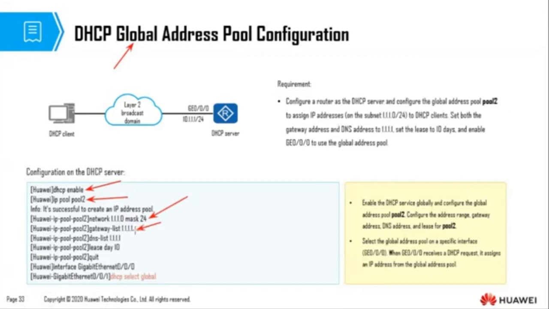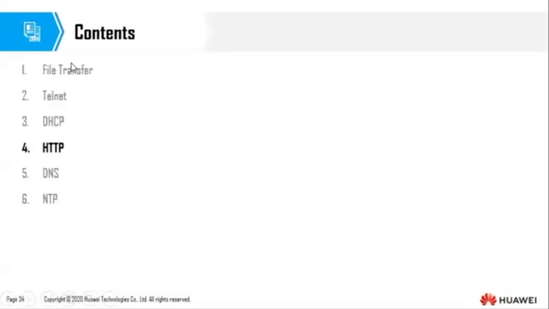Then the IP address of the gateway, the IP address of the DNS using that command. Lease day, you change to 10. Then you get into that interface and you use the command DHCP select global. DHCP select global. Okay, so that is it about DHCP.